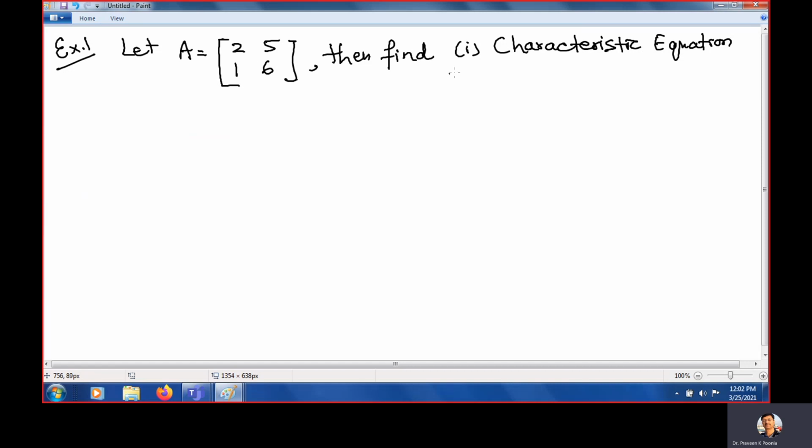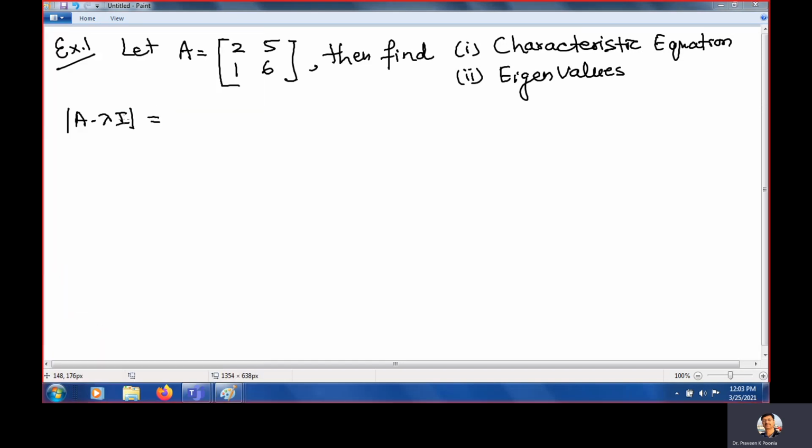And point number 2, you need to find the eigenvalues. These two aspects we need to study in this question. So how do you write the characteristic equation? Please learn here. It is the determinant of A minus lambda I.